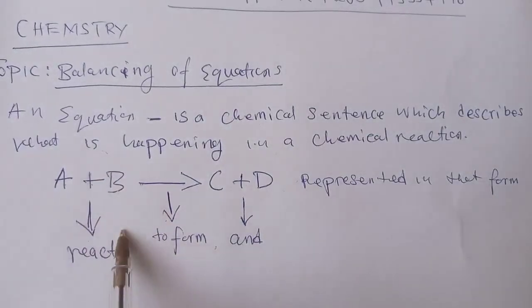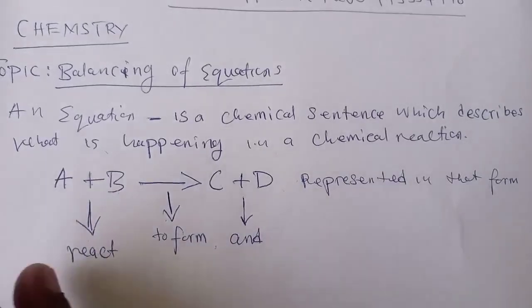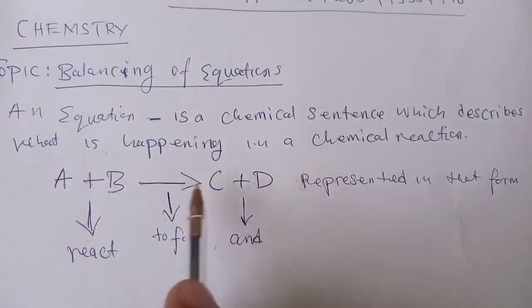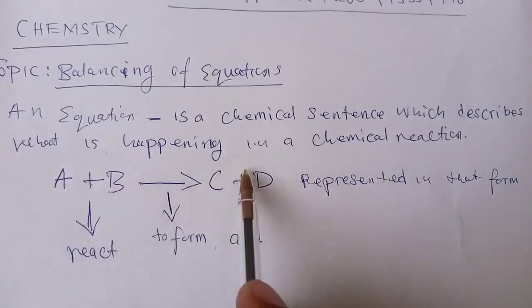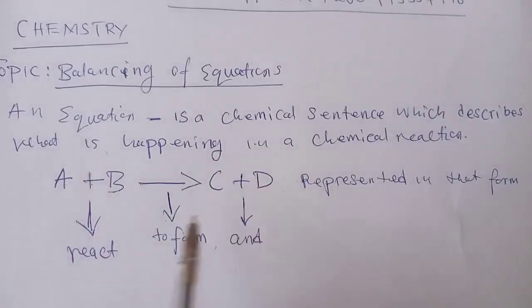They are normally at the beginning of the equation, on the left hand side of the equation. And the products are new substances that have been produced. These ones react and new substances are being formed, they are being produced, and they are always on the right hand side of the equation.